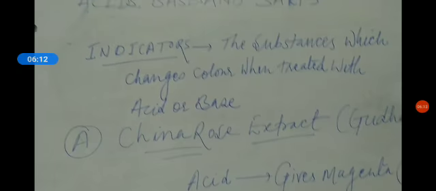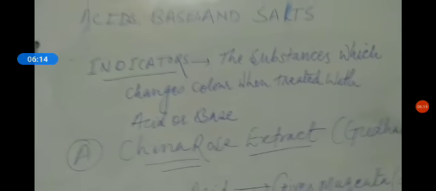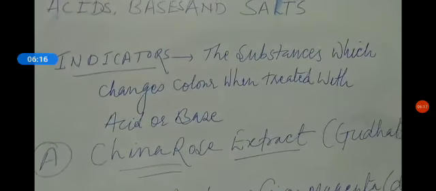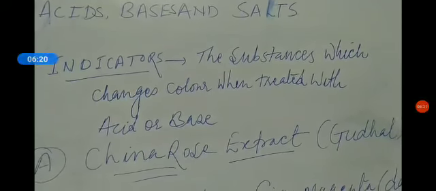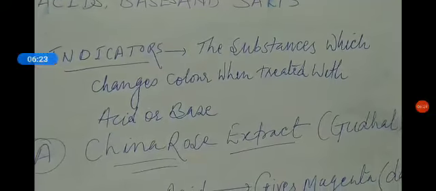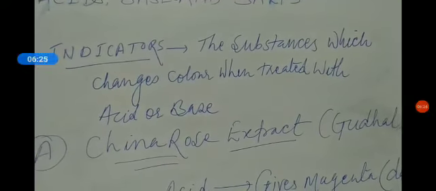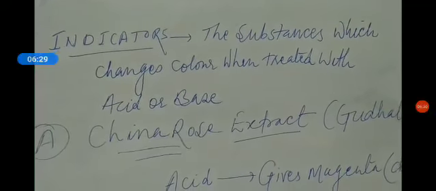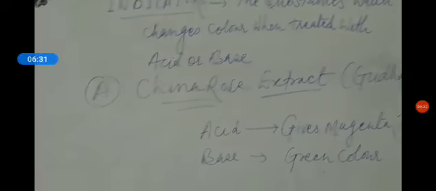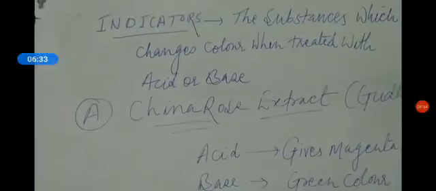Friends, now we will study about indicators, the substances which change color when treated with acid or base. Indicators are those substances which tell about the nature of a substance, whether it is acid or base. There are many natural indicators.